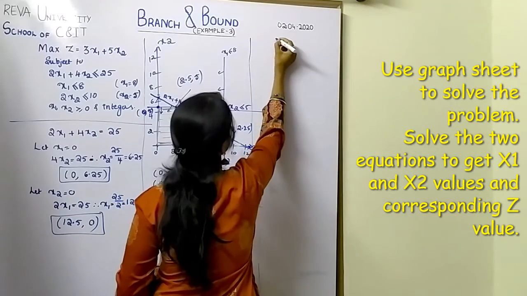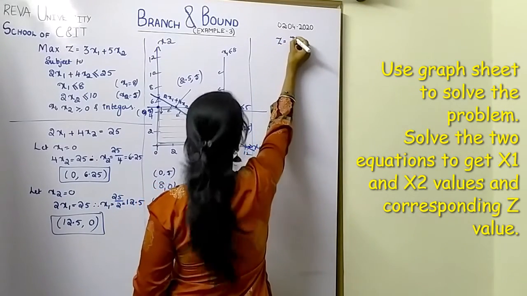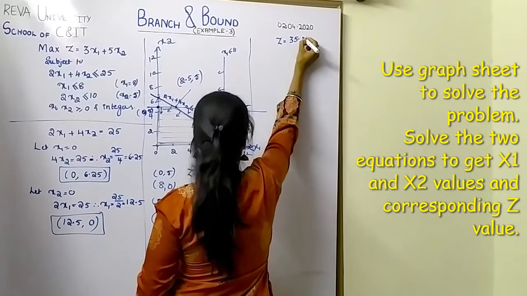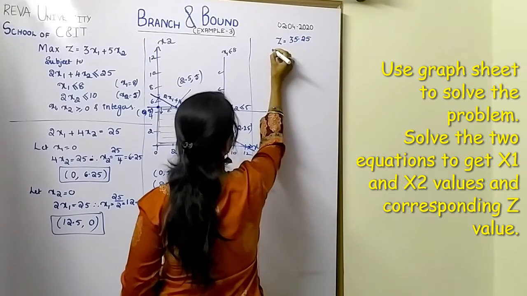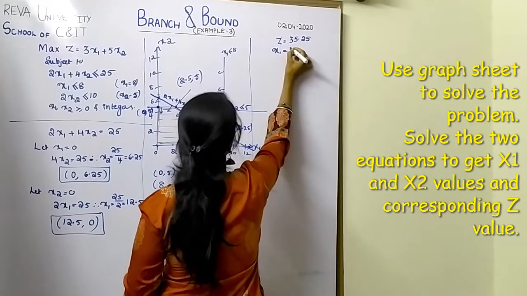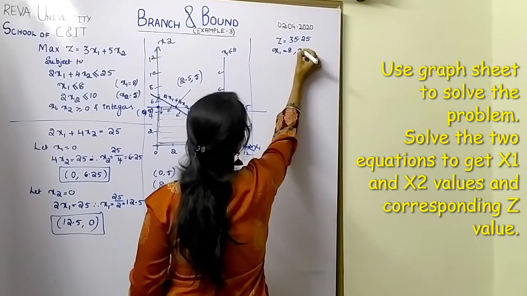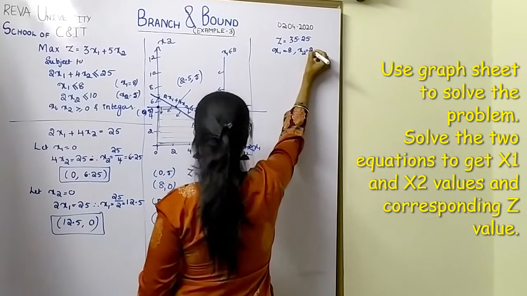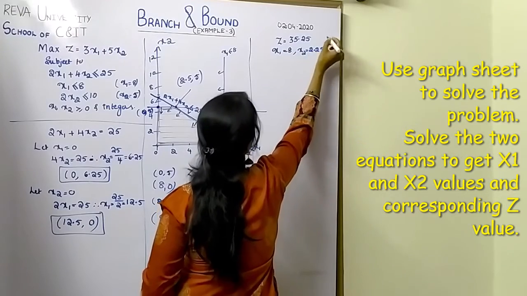So I will be writing here z is equal to 35.25 and its corresponding x1 value is 8, x2 value is 2.25.